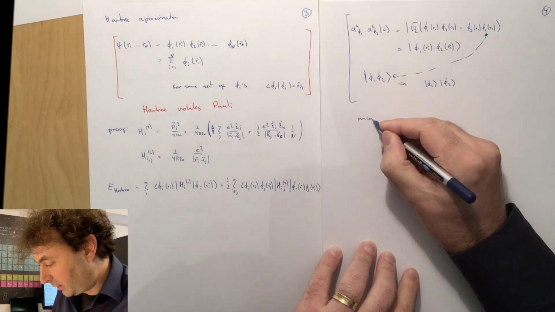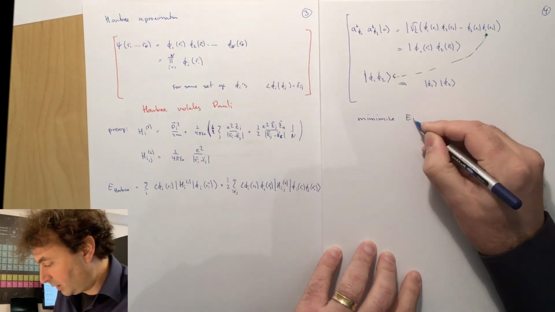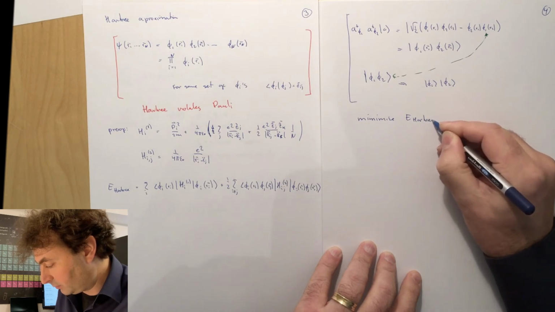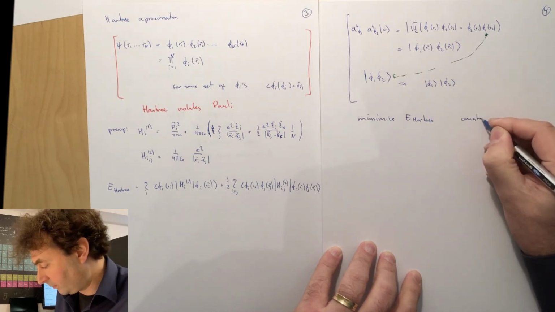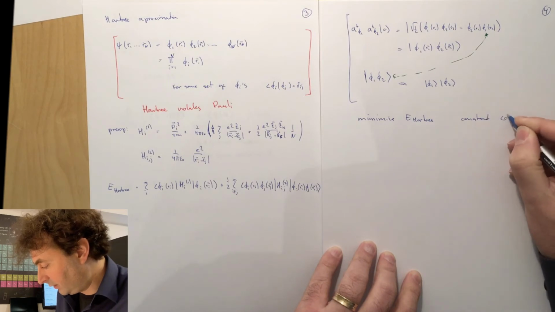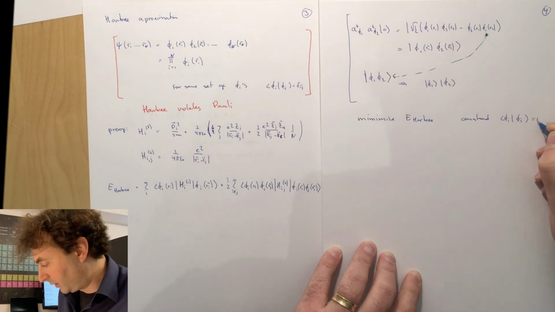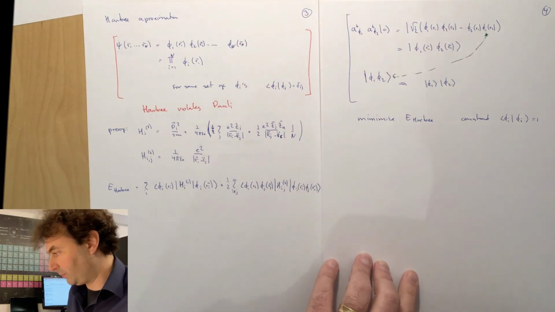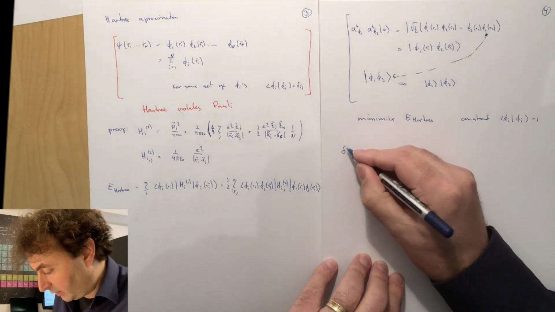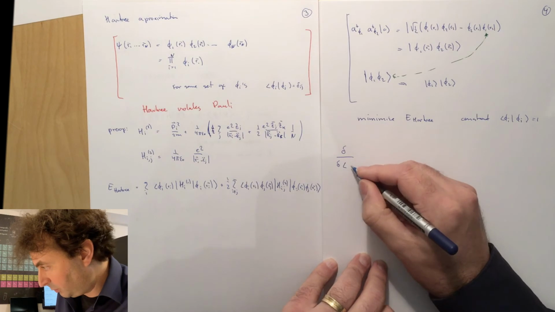So we have to minimize the Hartree energy with the constraint that the dot product of our one particle orbitals that we use to generate the Hartree state is 1. For that we can look at the functional derivative with respect to a bra.